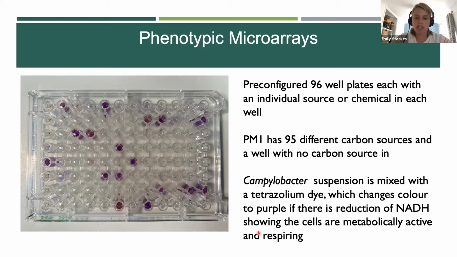You mix your bacteria with a tetrazolium dye, and the tetrazolium dye is reduced if there are bacteria respiring and reducing NADH. So it shows that your cells are metabolically active and respiring on certain carbon sources. If you look at this plate, the wells turning purple are the sources where Campylobacter are respiring.